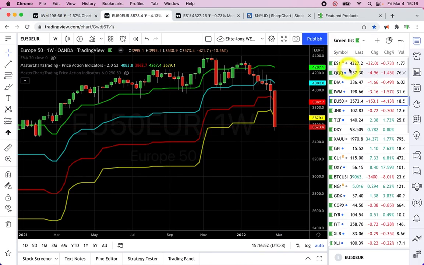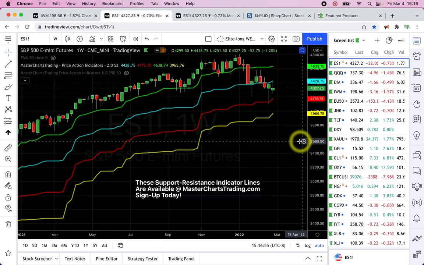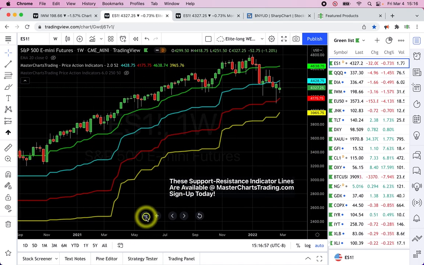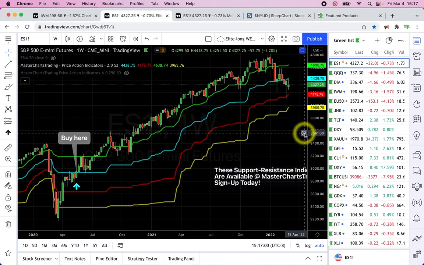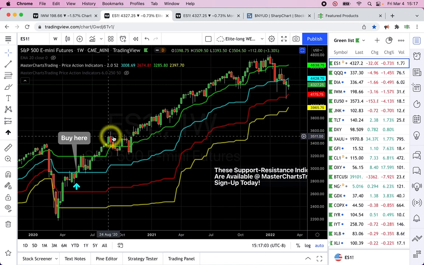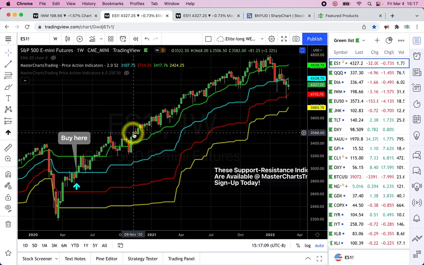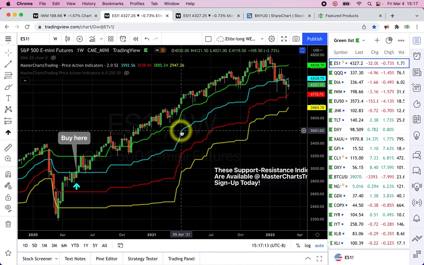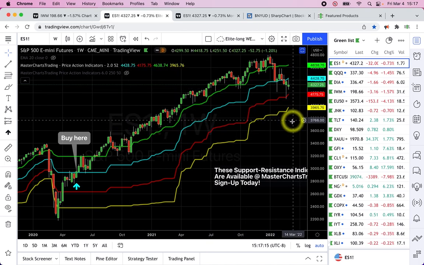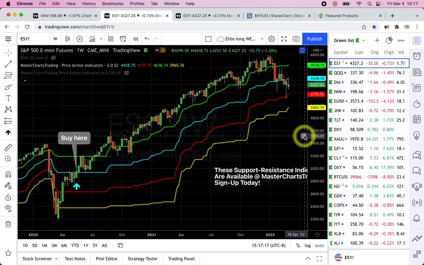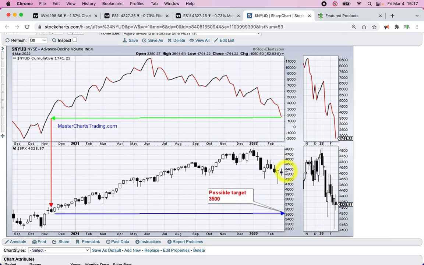So let me show you where that's going to be. 3,500 for S&P 500 would be right there, and that's around November 2020 levels, where it broke out here and just continued higher. So a bear market for S&P is at 39.65. If we break below that, that's already a bear market, but the downside target could be 3,500. So that is very significant, actually. So let's watch where that takes us.